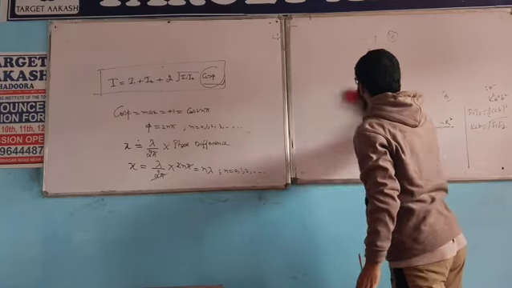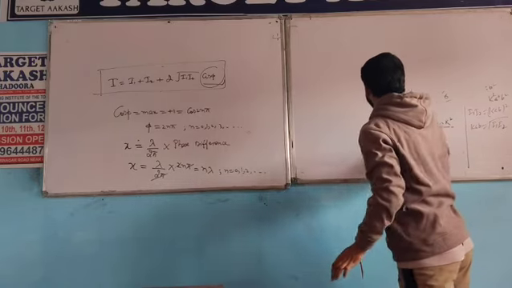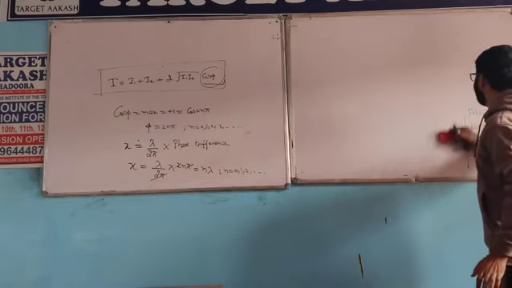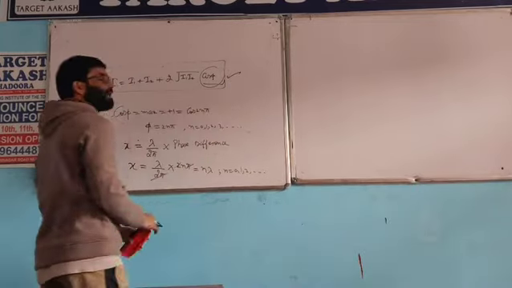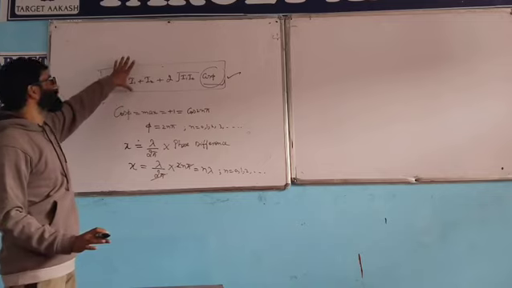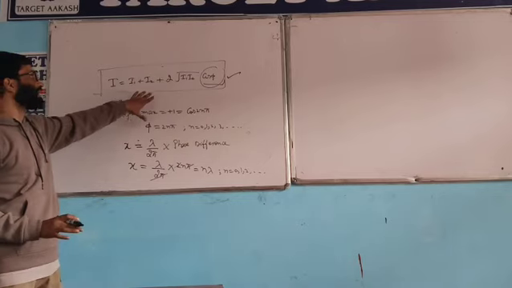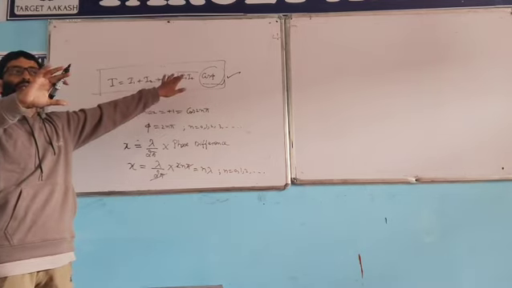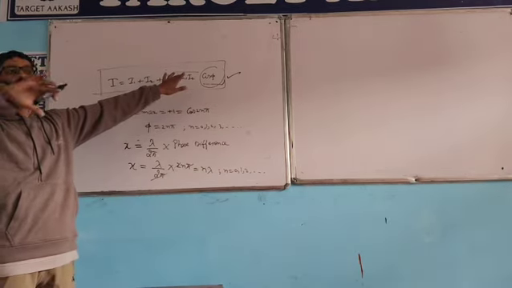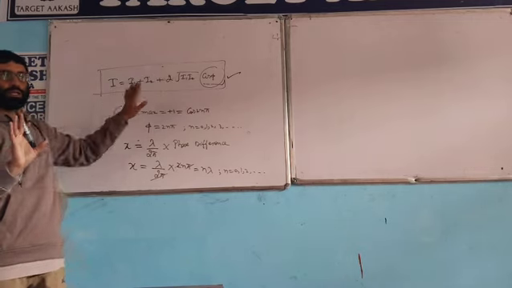Now we will obtain a condition: when will the intensity be minimum? When cos phi will be minimum. Just have a look at this very expression. It is the intensity of the resultant wave. When cos phi is maximum, we get a constructive interference and the intensity will be maximum on the screen.